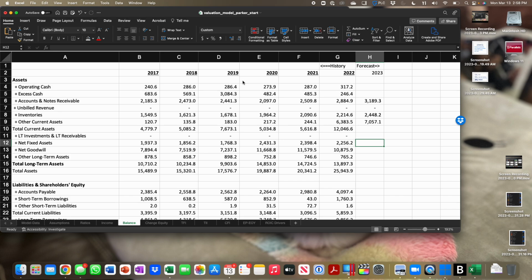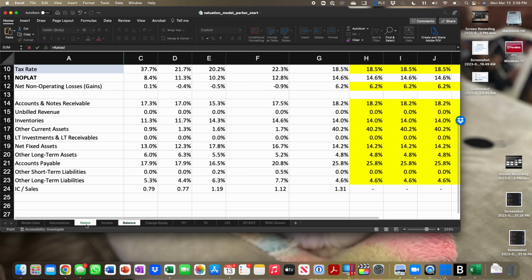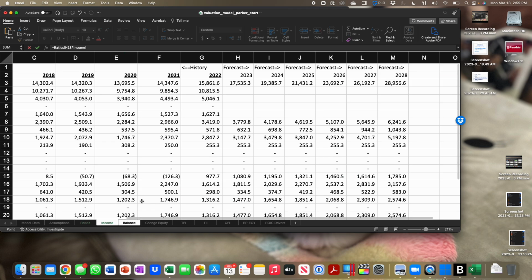Next, long-term investments equals from the ratios tab. Long-term investments in 2023 was 0 times income H3.